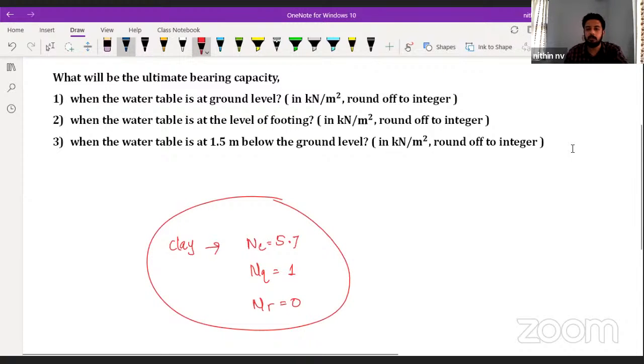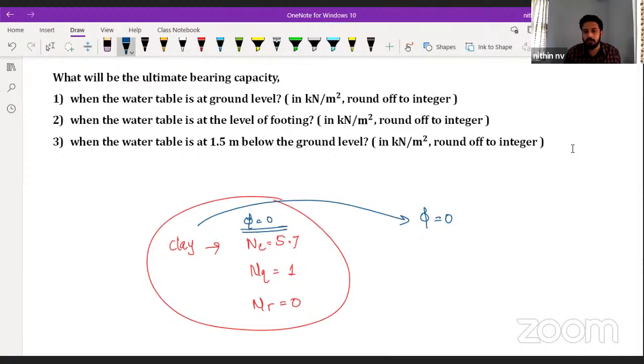Why? Because for a clay, your phi value will always be 0. For phi equal to 0, NC equals 5.7, NQ equals 1, and N gamma equals 0. In general, I am telling. If they say it is a clay layer, they will not give you NC, NQ, and N gamma; you have to take them from this.